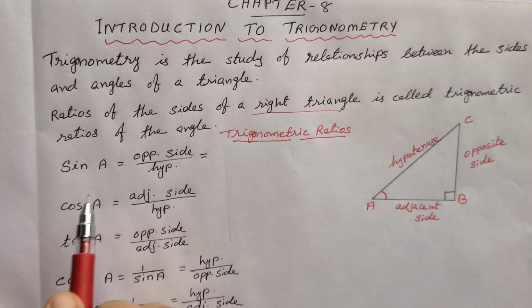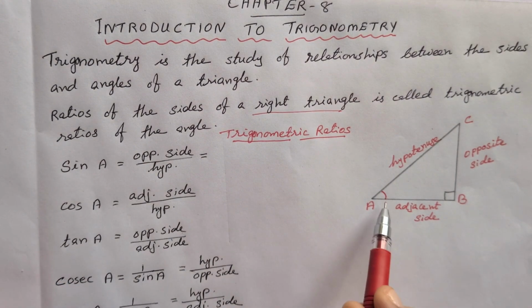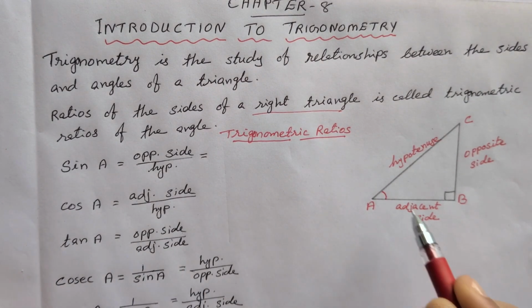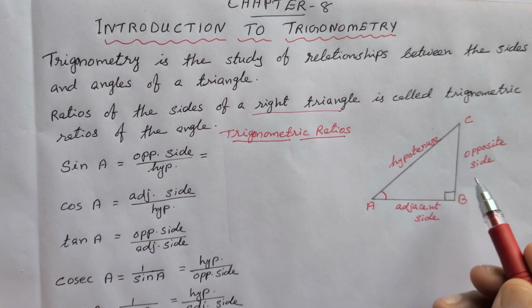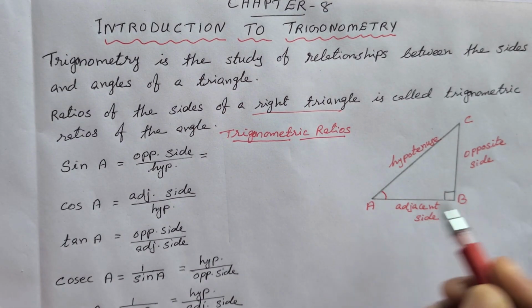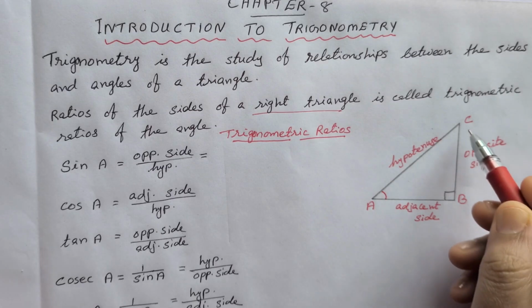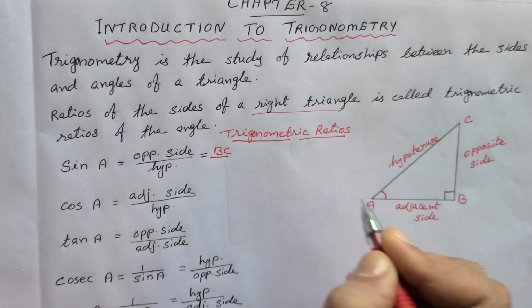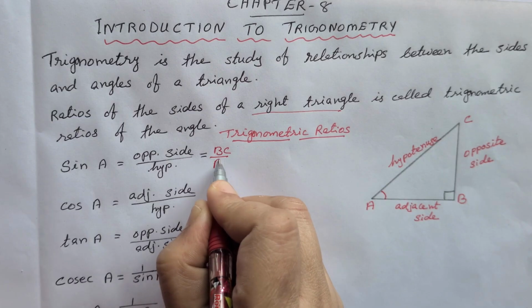So the first one, sine based on the acute angle A: sin A is equal to the ratio opposite side by hypotenuse. Opposite side based on angle A is BC. So we write BC by hypotenuse AC.